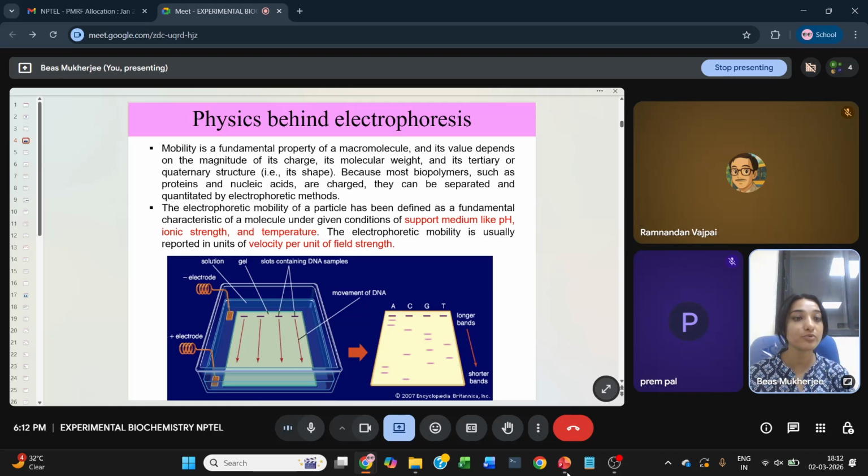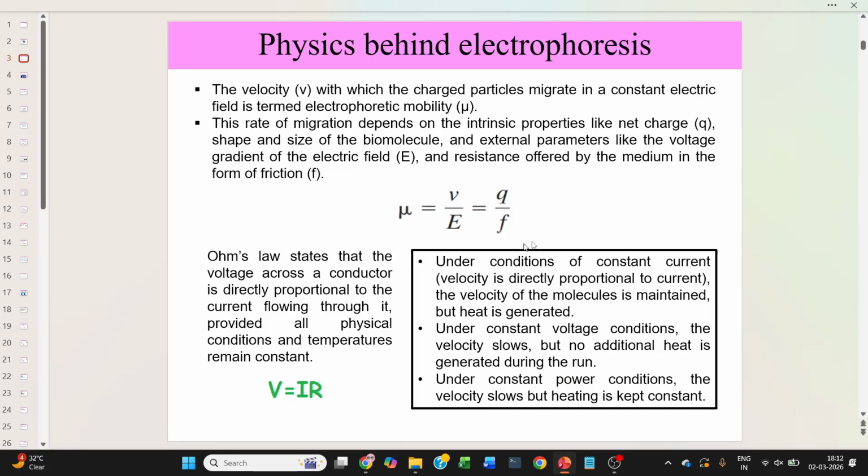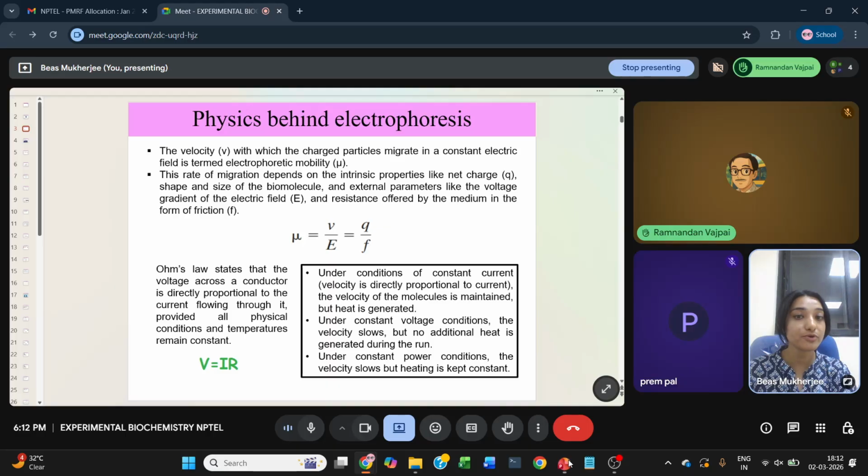The electrophoretic mobility of a particle is defined as a fundamental characteristic of that molecule under given conditions of support medium like pH, ionic strength and temperature. The electrophoretic mobility is usually reported in units of velocity per unit of electric field. So in that case, this equation would become velocity over electric field.